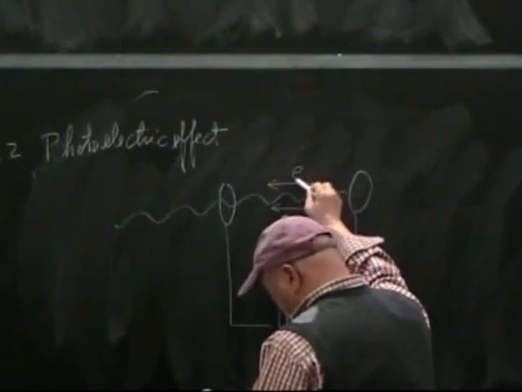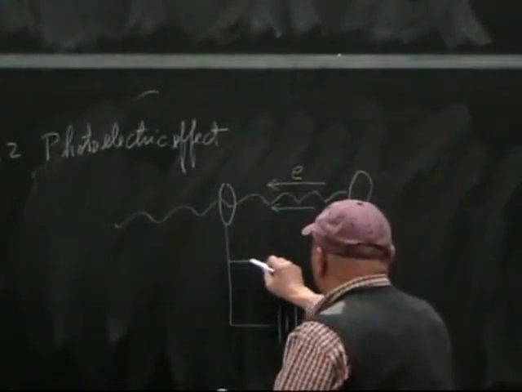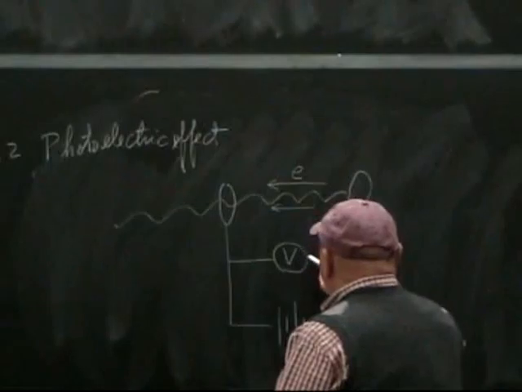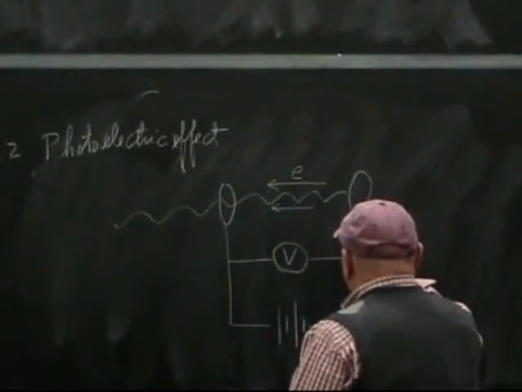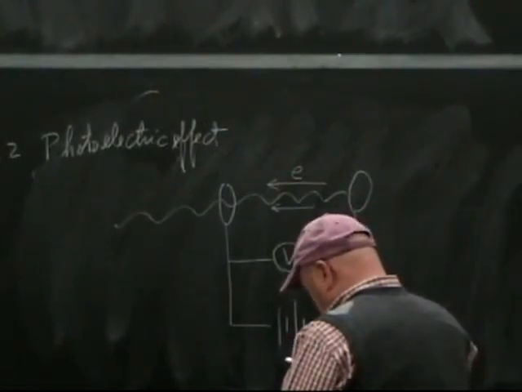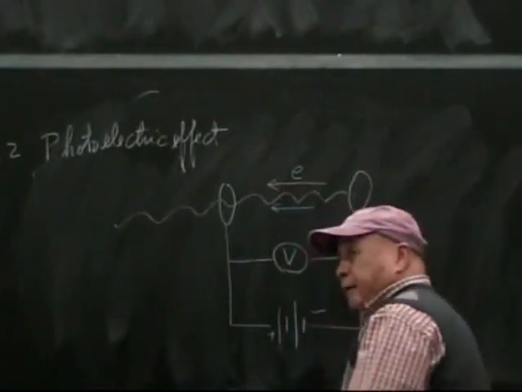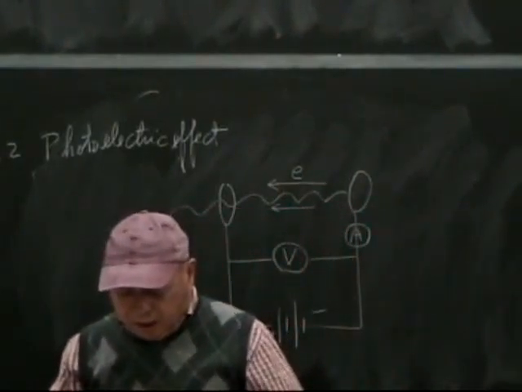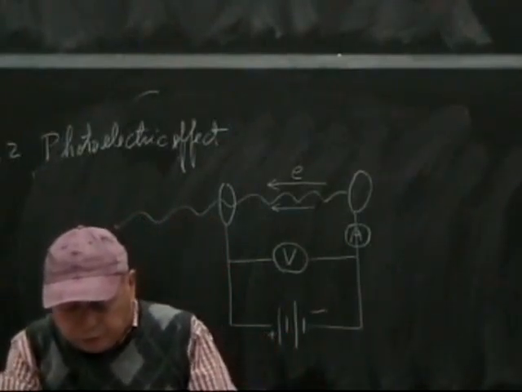The electrons come out and develop voltage as well as current. This is plus and here is minus. He used this to do the experiment.